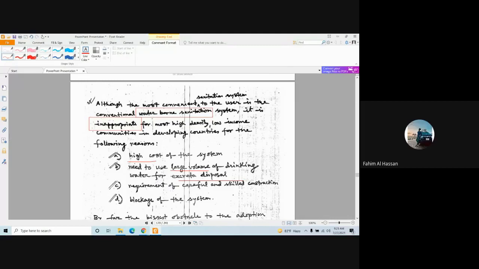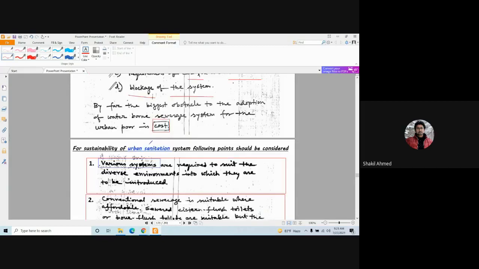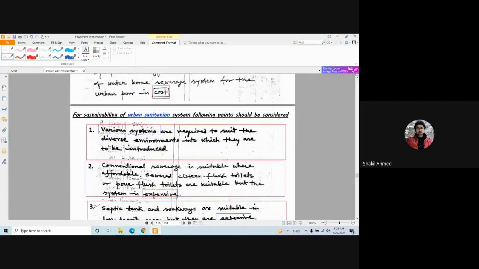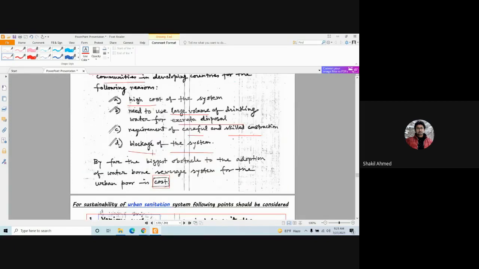Yes, sir. Then it requires careful and skilled construction. Sometimes there is a chance of blockage of the system. Therefore, it may not be appropriate for a low income community because of the high cost. So you need to perform analysis whether they are appropriate for a community or not.